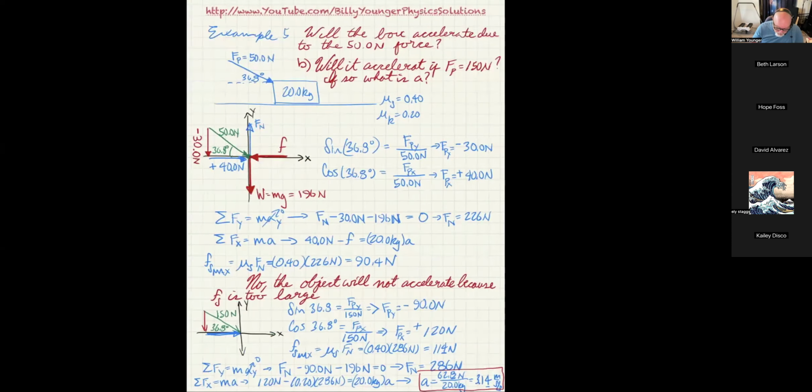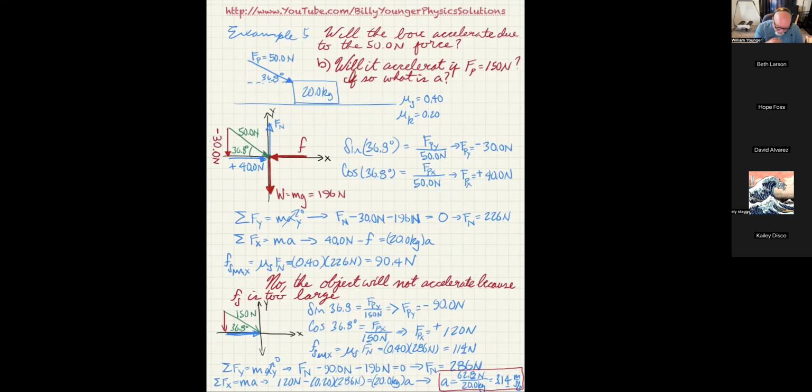All right, so we just finished that other problem, and remember for part B, which I had to make up the numbers as I was going, we found that the 120 newtons, the x component of FP, was greater than the maximum static friction, which is 114 newtons. Therefore, we concluded in part B that it would accelerate.